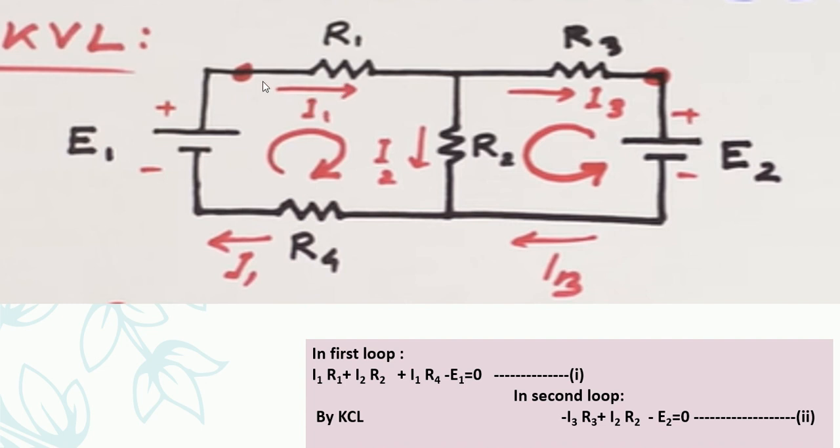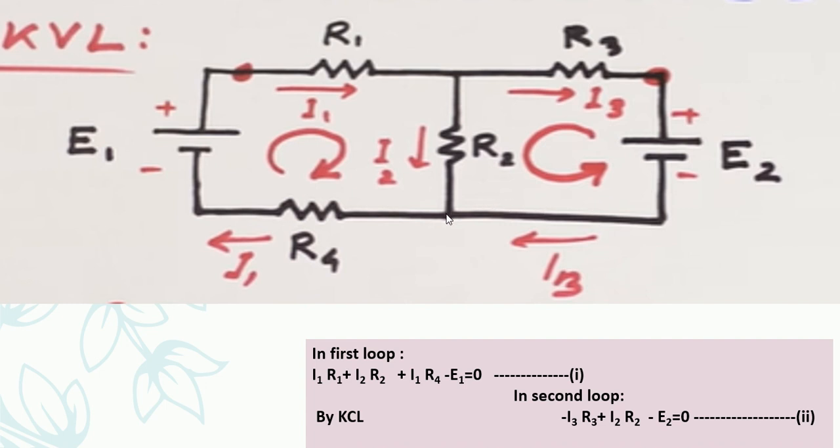Here, the current I1 at this junction or node will be divided into two parts. I1 will be divided into I2, which goes through R2, and I3, which goes through R3.